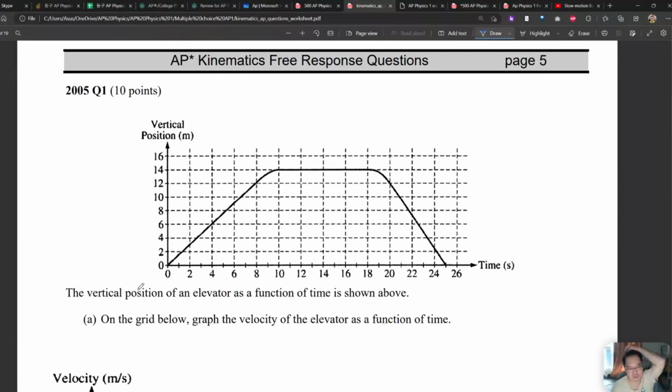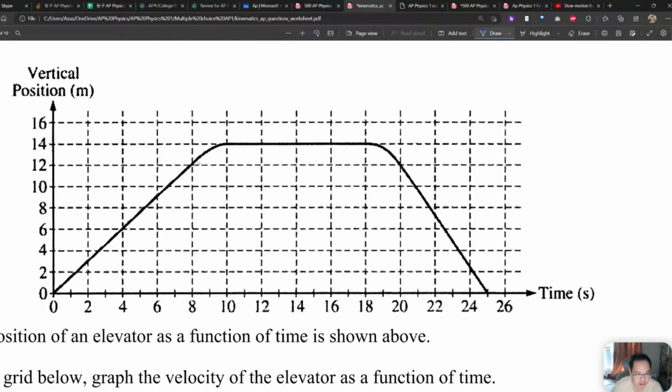Let's do this one. The vertical position of an elevator as a function of time is shown above. On the grid below, graph the velocity of the elevator as a function of time. Position versus time, we need to somehow convert this position into velocity. From 0 to 8 seconds, it's a straight line, so position varies linearly.